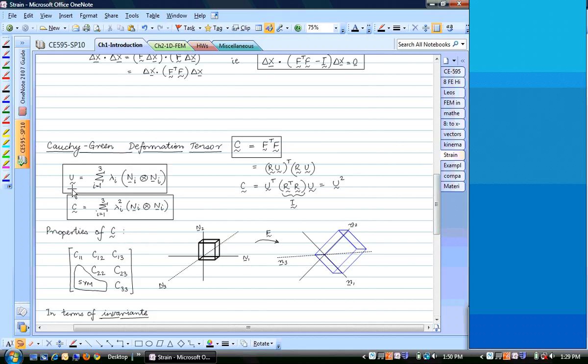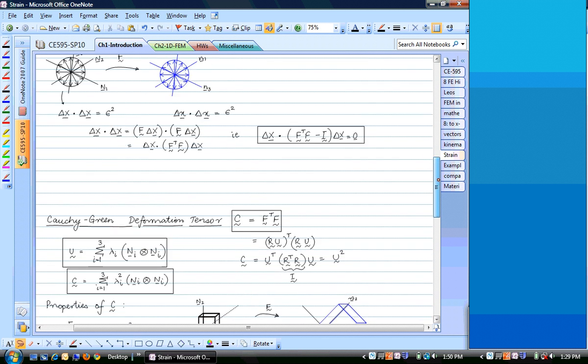So going back to this spectral decomposition, we said that for no straining, this U can be expressed in the spectral decomposition like this, where lambda i are the eigenvalues of those stretches.